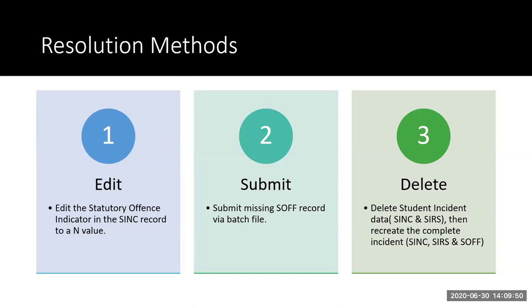Either you have yet to submit the file, you submitted a sync, and the indicator on one of your records or several says there is a statutory offense, there's a Y value, and you need to submit the SOF, or you submitted the SOF, posted the record, but if that was a rejected record, that data did not post, and you have to resubmit a SOF after you go make the changes in your student information system.